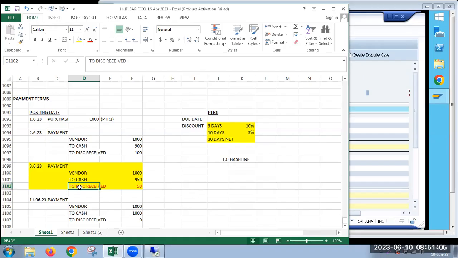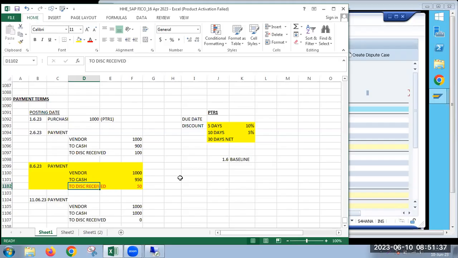We create a GL, we specify it for automatic posting. What will be the condition for automatic posting? This scenario. For this transaction, what is the condition? The system has to post a transaction to this account. The condition is discount. The system has identified some discount is there, so the system will post a transaction to this account, nothing else.